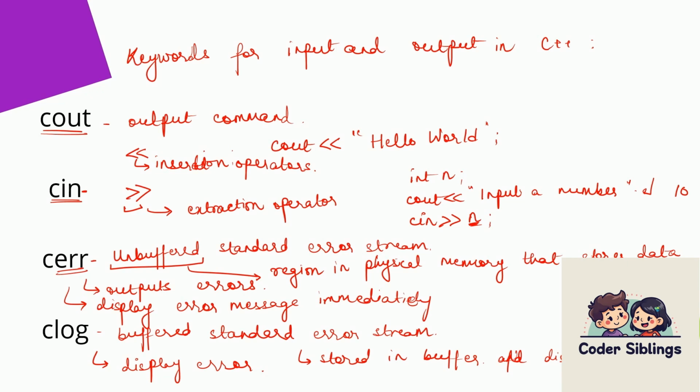Right, so cerr and clog have the same functionality, that is to display errors, just that cerr command is unbuffered while clog is buffered, right?